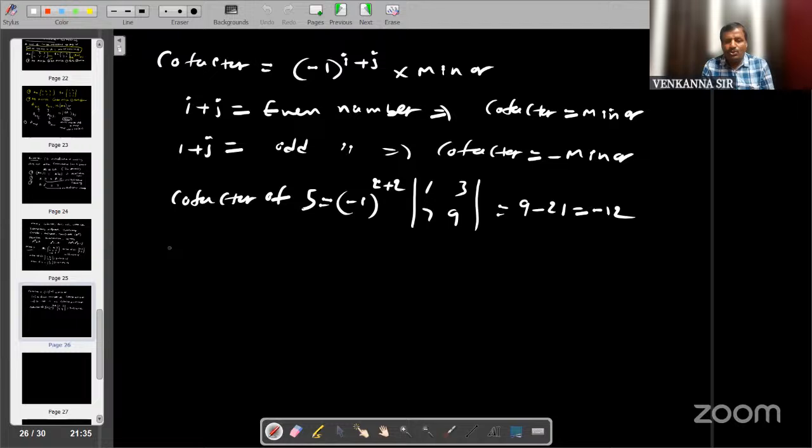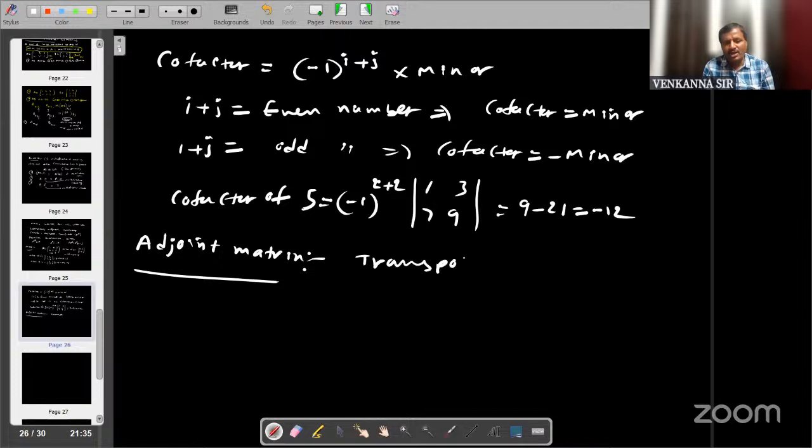Then coming to the adjoint matrix definition. What is the adjoint matrix? Transpose of the cofactors matrix is the adjoint matrix.